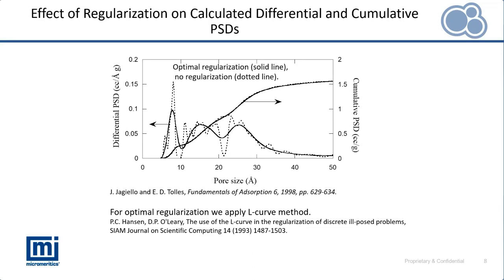That means minor changes in the data, in the isotherm, would not affect significantly the calculated pore size distribution. For the optimal regularization, we use the so-called L-curve method, which was developed by scientists of statistical computation.